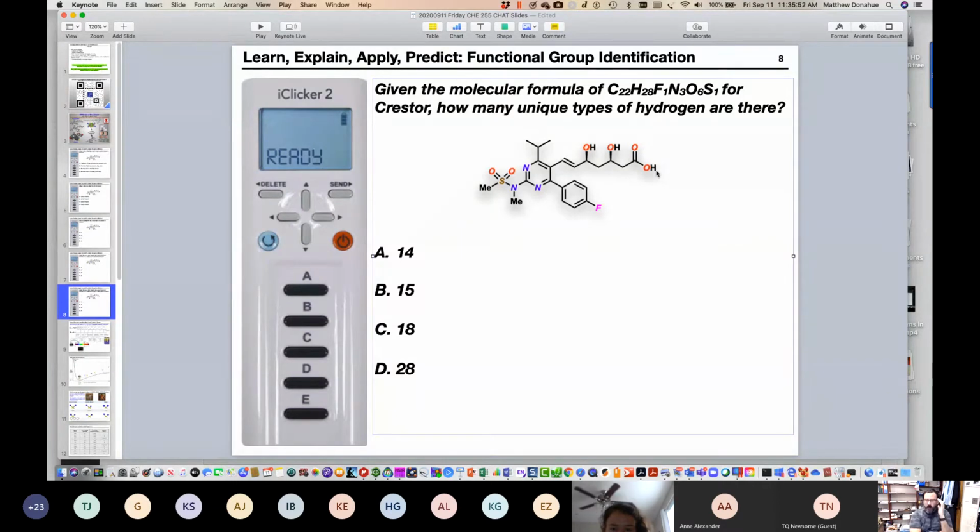When you're considering this thought experiment of you standing on that carbon backbone looking out, and do things look the same? If they look the same, there is symmetry. If they do not look the same, they are different and there's no symmetry.